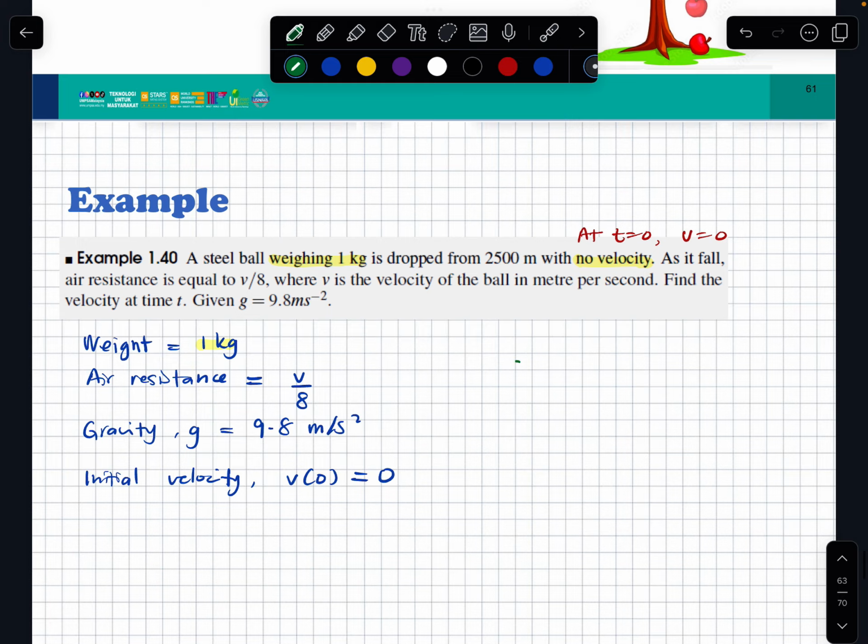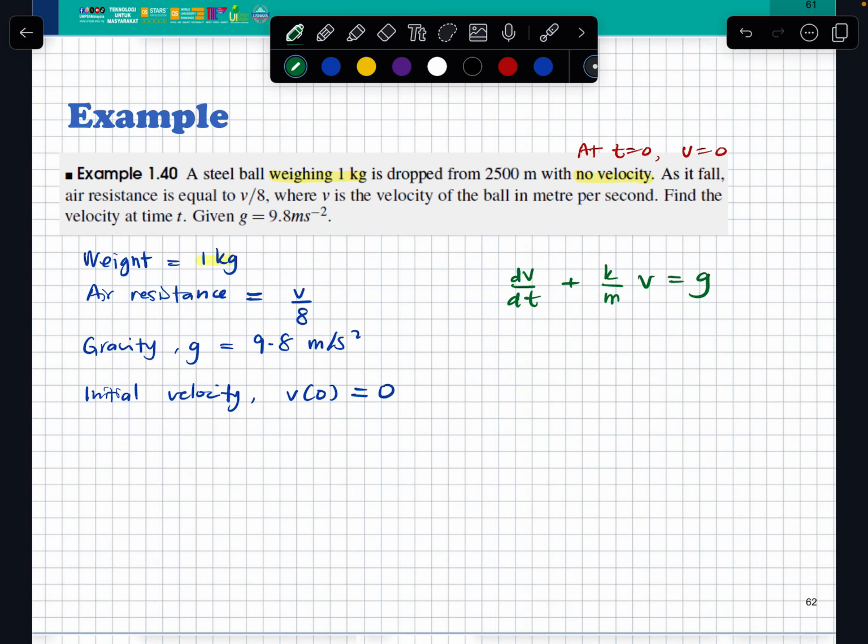So the equation is dv/dt plus k over m v equal to g. So let's substitute the parameter values. Meaning you have to find what is m, what is k. g is given, right? So the first task, let's find the mass.